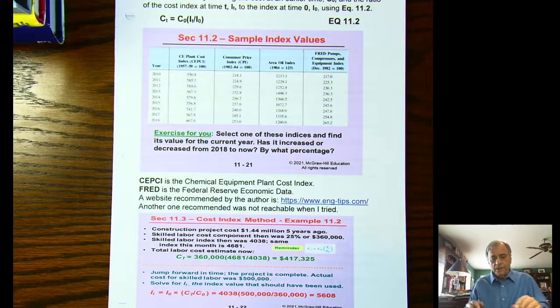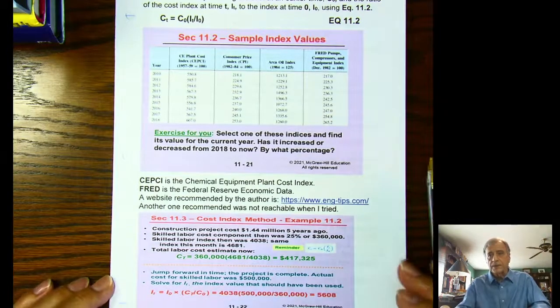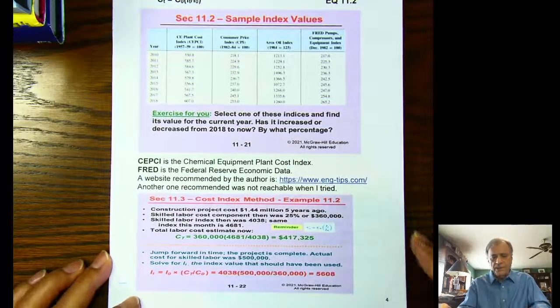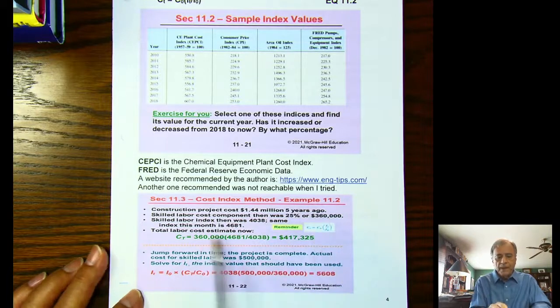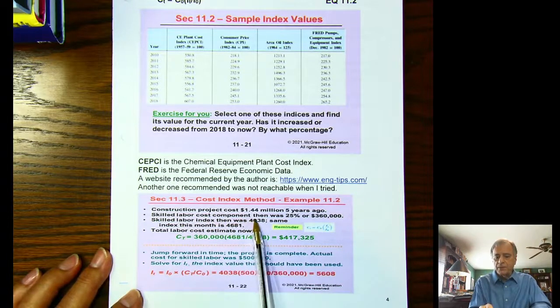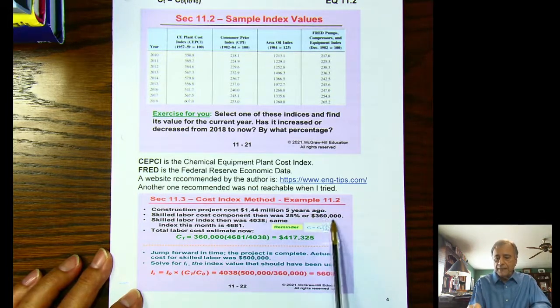And the author then gives you an example in this particular case. He says a construction project cost $1.44 million 5 years ago. The skilled labor component of that was 25% or $360,000. So we spent $360,000 on labor 5 years ago when he said the index was 4,038.